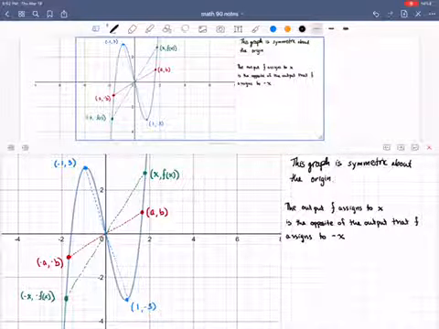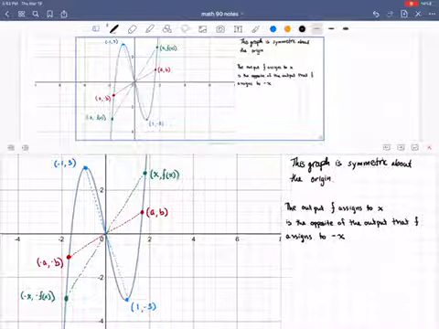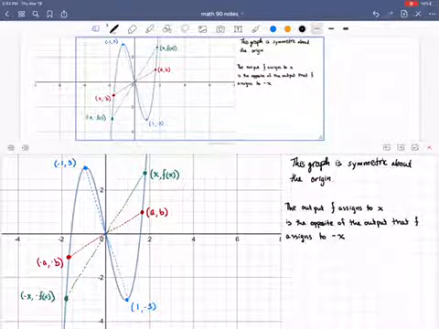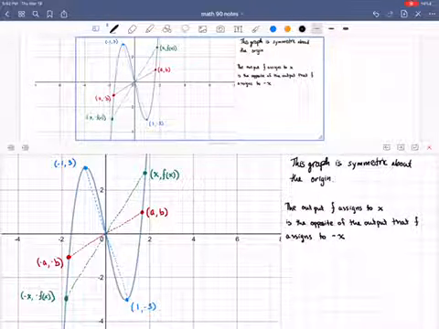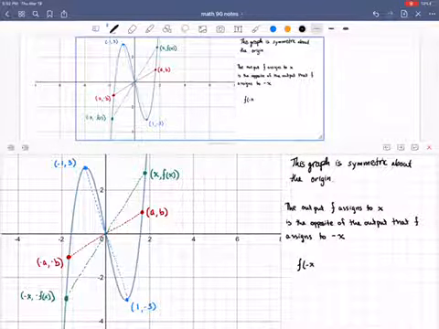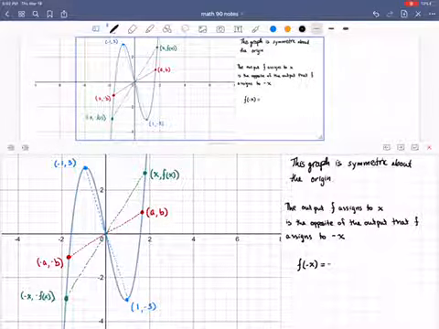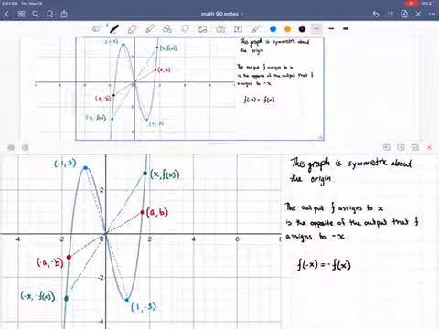Okay? In other words, the y-coordinate of the point whose x-coordinate is x is the opposite of the y-coordinate of the point whose x-coordinate is -x. So both of the signs switch. In other words, f of -x is the opposite of f of x. Okay?